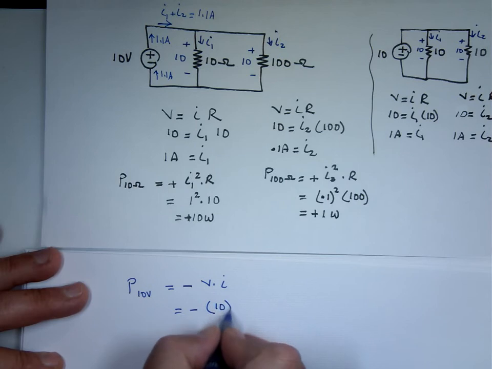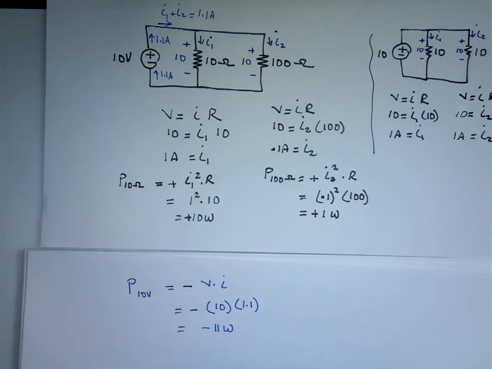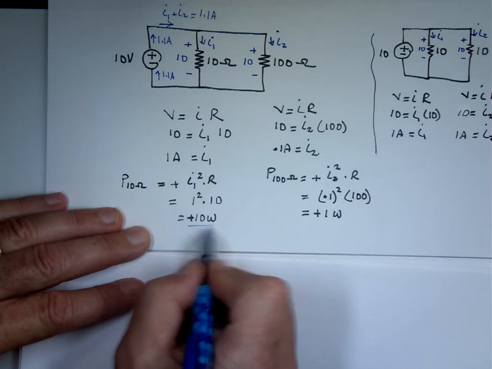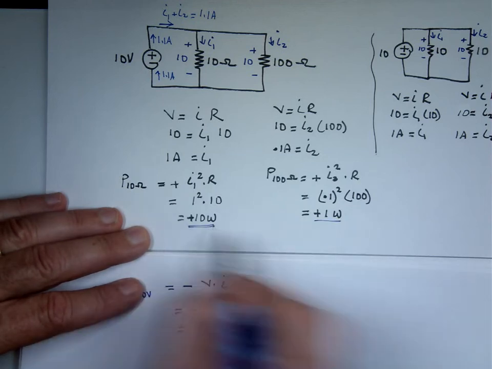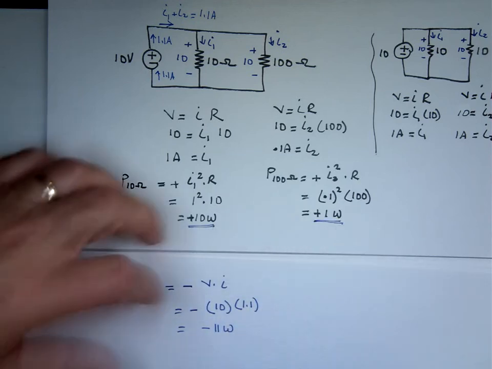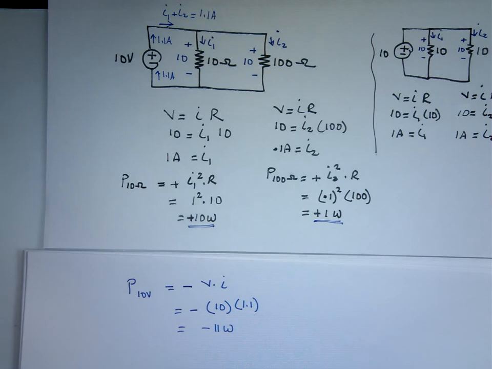I, which is what? 1.1, which is negative 11 watts. Interesting. What is the total power absorbed by the two resistors when you add them? 11 watts, and what's the power supplied by the source? 11. Conservation of power, conservation of energy. The power supplied is always going to equal the power absorbed.